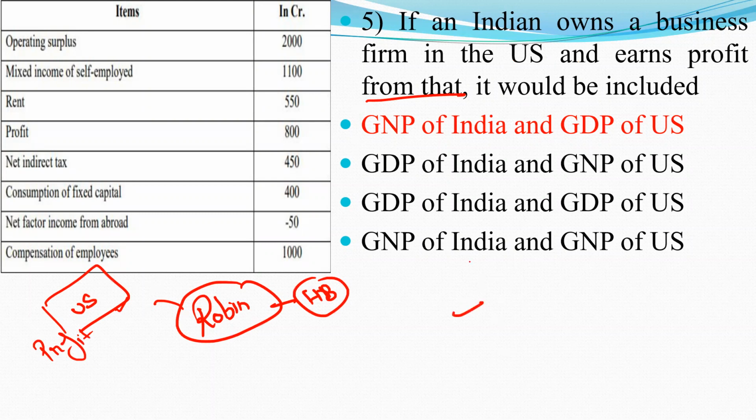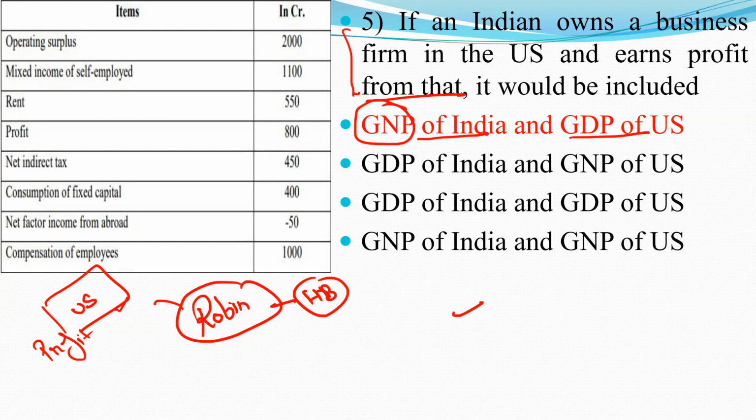This point we have already discussed in our class session; this is directly picked up from the book. It would be included in the GNP of India and GDP of the US. Yes, it is correct. GNP, gross national product, is national, so it includes income from abroad also.